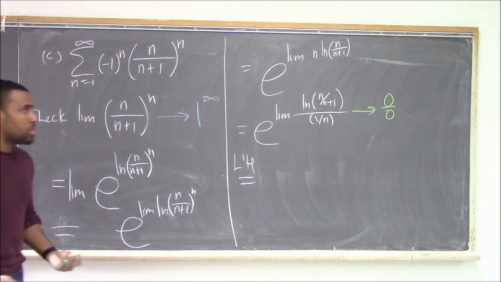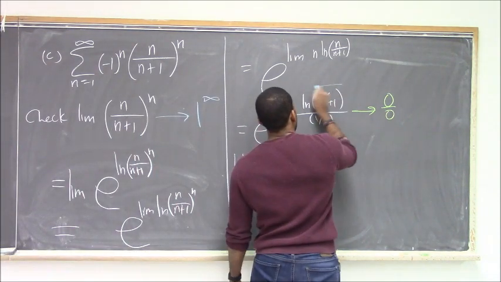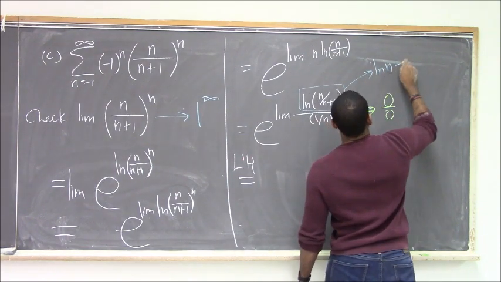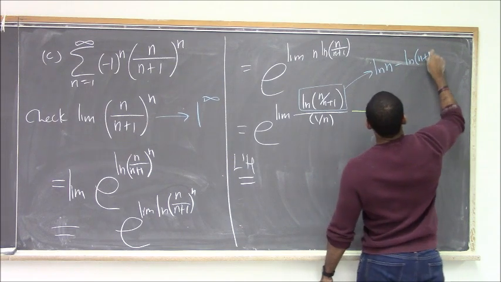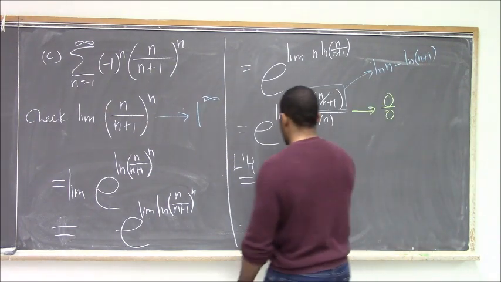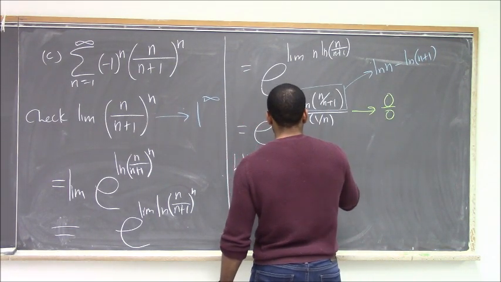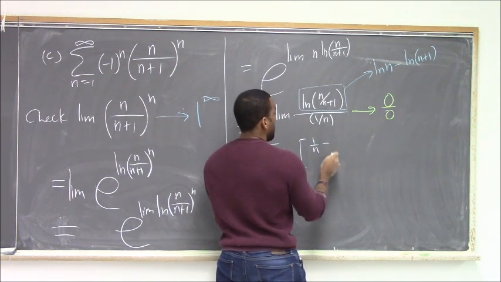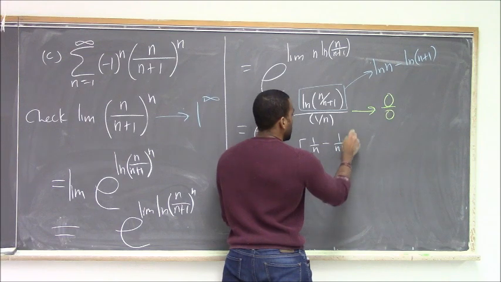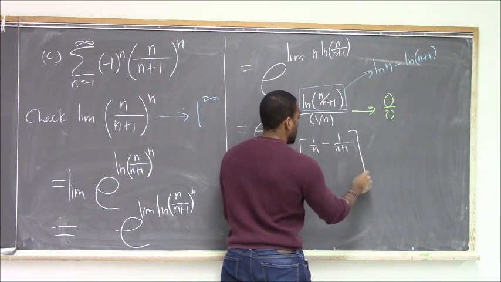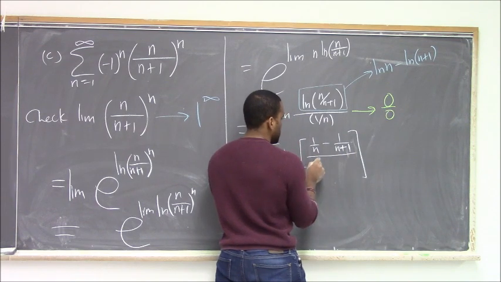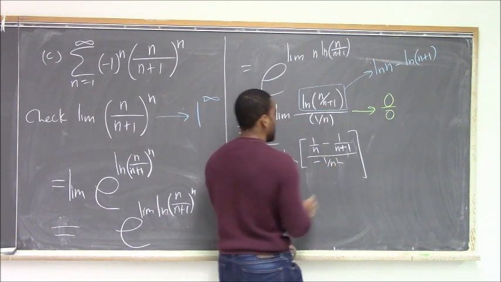One thing, just to make my life easier, I am going to think of this using a log rule. Just think of this as ln of n minus ln of n plus 1. So the derivative of the top is 1 over n minus 1 over n plus 1. The derivative of the bottom is minus 1 over n squared.